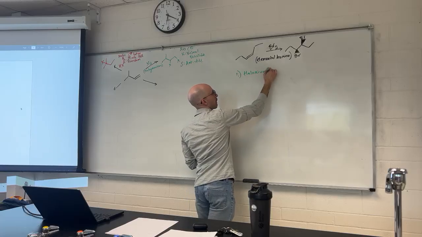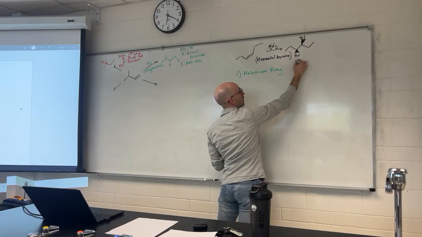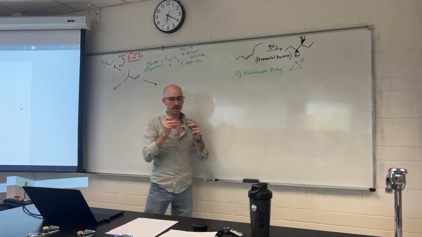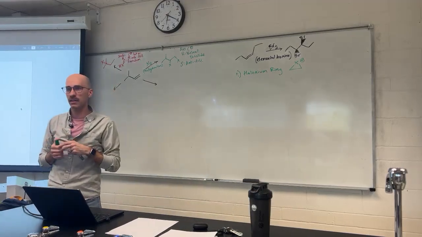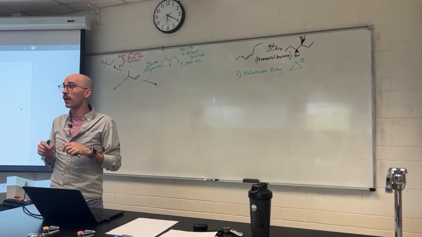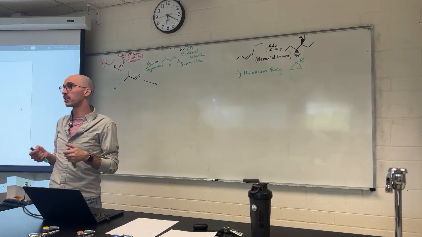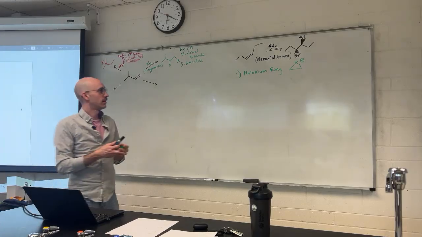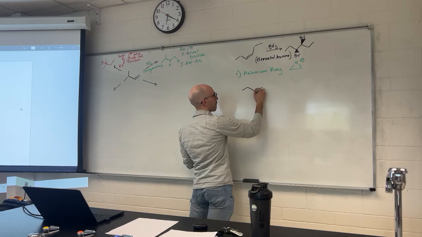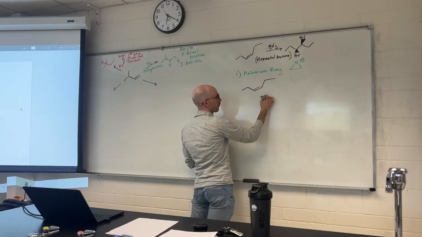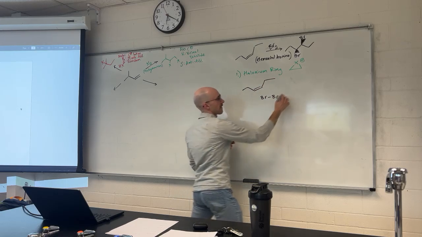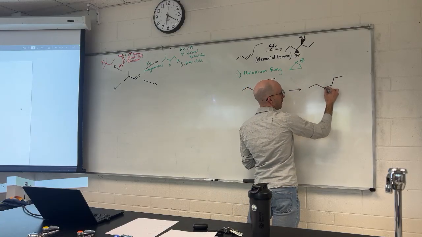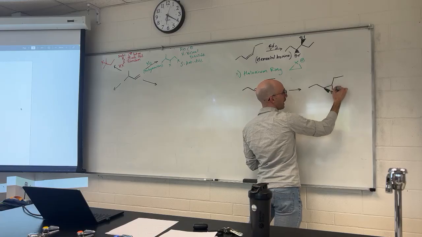I'll give you a hint. The halonium ring is a 3-membered ring bonding to a halogen. So we can specifically call this one the bromonium ring, or if we're using chlorine, a chloronium ring, iodine, an iodonium ring. In order to form this 3-membered ring, this ring is going to form on only one face of the alkene.